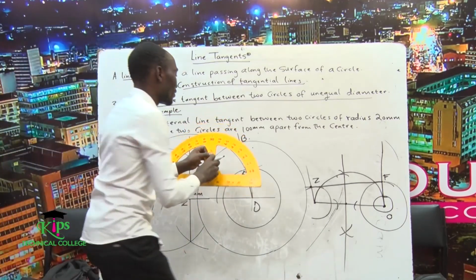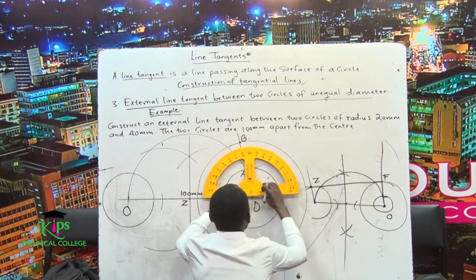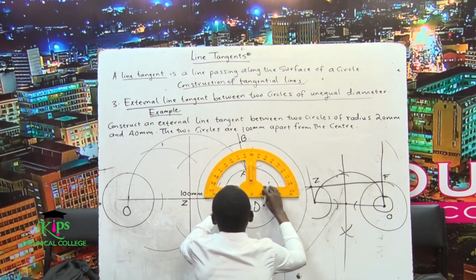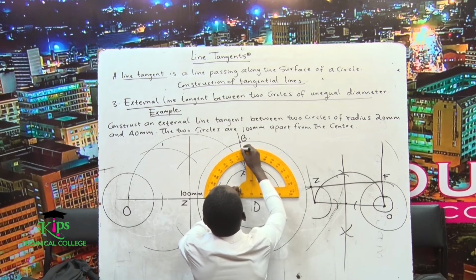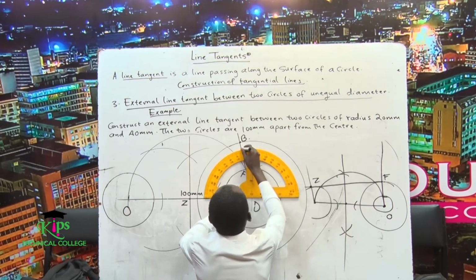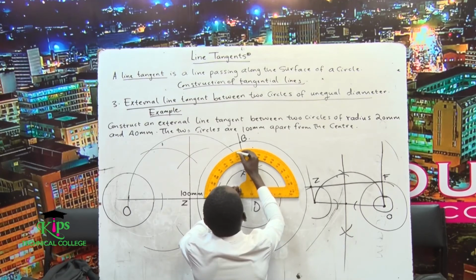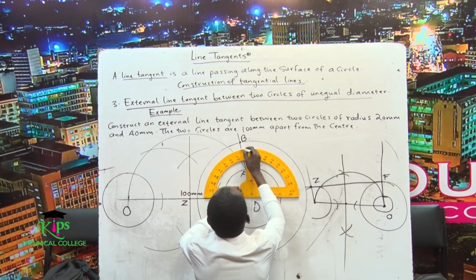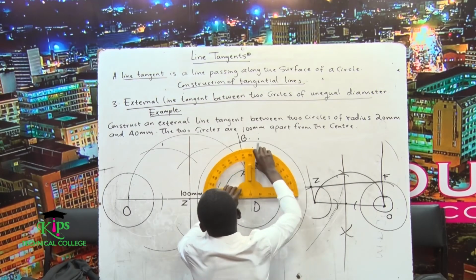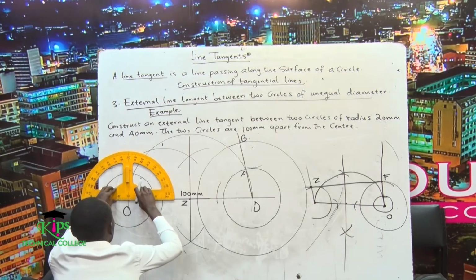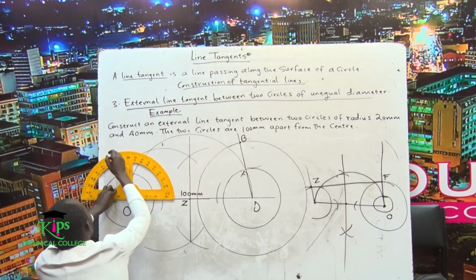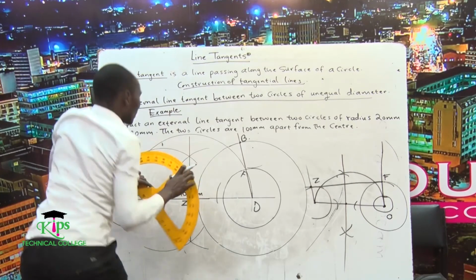Because of the distance, I can use the protractor to measure the degrees. So this line is 77.5. I will come here and measure 77.5, which is here.